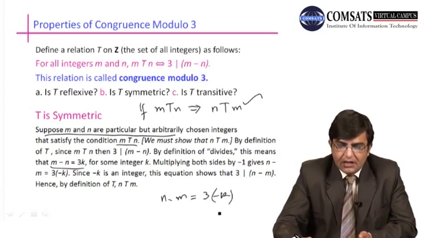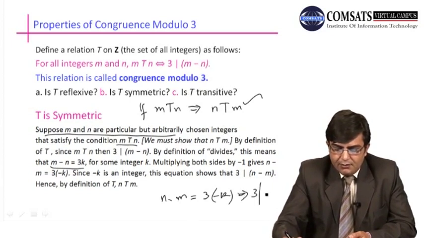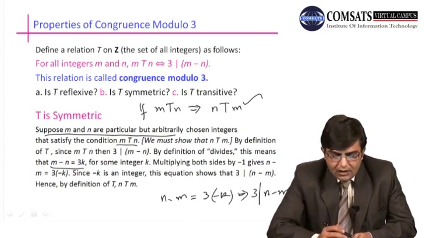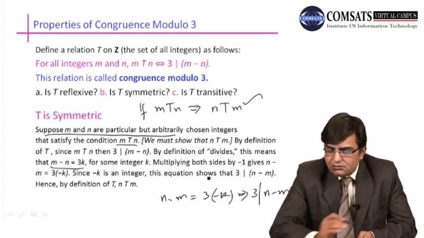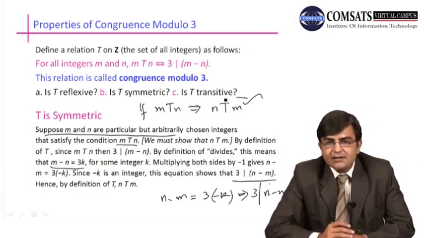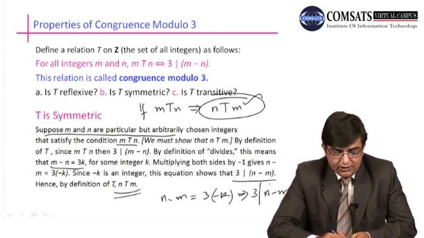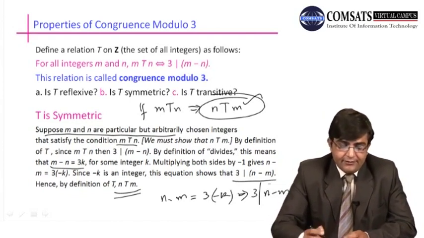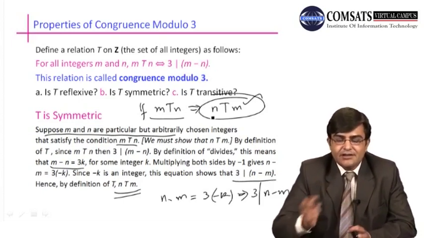If k is an integer, minus k is also an integer. This implies that 3 divides n minus m, and therefore n is related to m under the relation T. So we have shown that if m is related to n under the relation T, then n is also related to m.